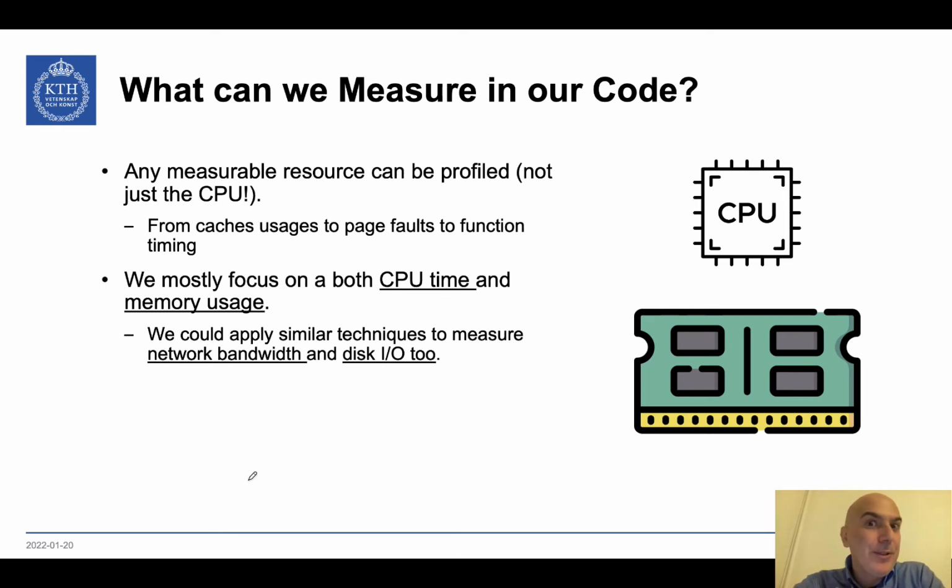However, there are tools to analyze the performance of all the different computer system components. This goes from the usage of caches to the usage of the main memory, in particular page faults, to timing, what is specifically the workload of a function.